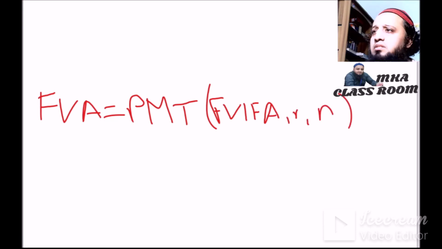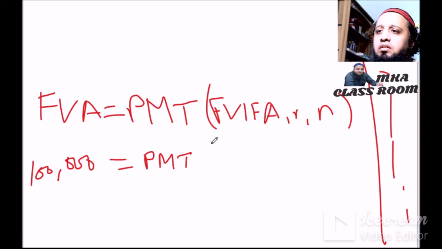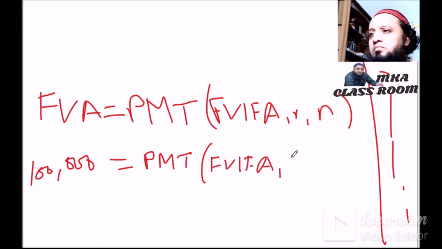So here is the given information, so you have to write it down. Our goal is 1 lakh taka. We do not know the payment, but we know everything else: the future value interest factor annuity, the interest rate is 5% and the number of periods is 10.